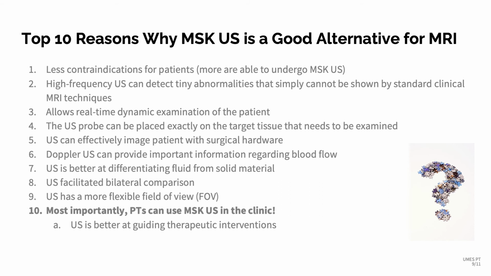Ultrasound can effectively image patients with surgical hardware. Our ultrasound is a Doppler ultrasound, but we didn't really go over that much, but it can provide important information regarding blood flow. Ultrasound is better at differentiating fluid from solid material. Again, you went over this in the previous modules.